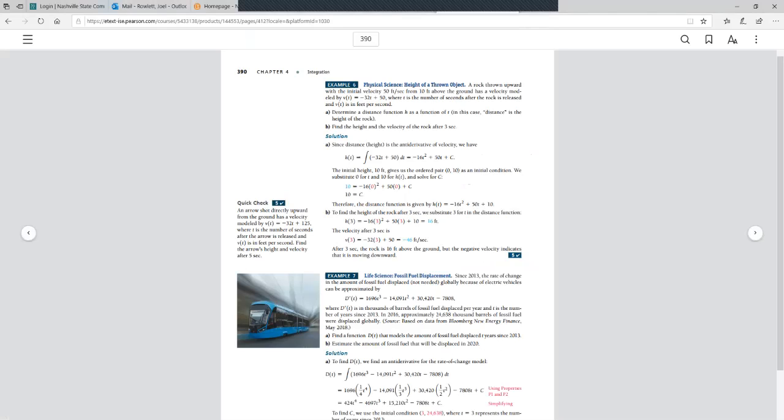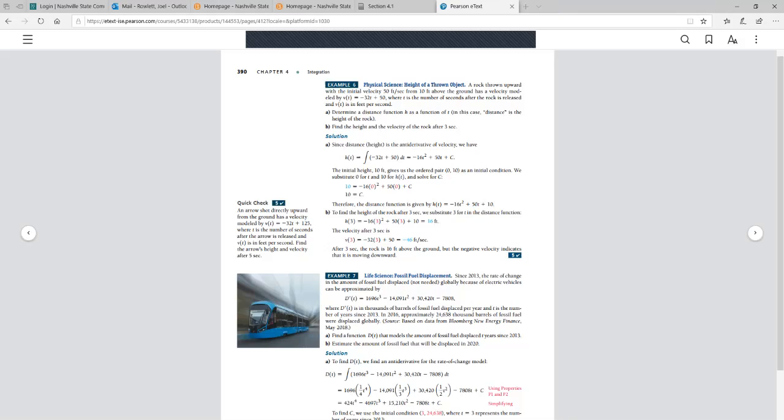So let's apply this to some physical science here with the height of a thrown object. A rock is thrown upward with an initial velocity of 50 feet per second from 10 feet above ground, and it has a velocity modeled by the equation v of t is equal to -32t plus 50, where t is the number of seconds after the rock is released, and the velocity is in feet per second.